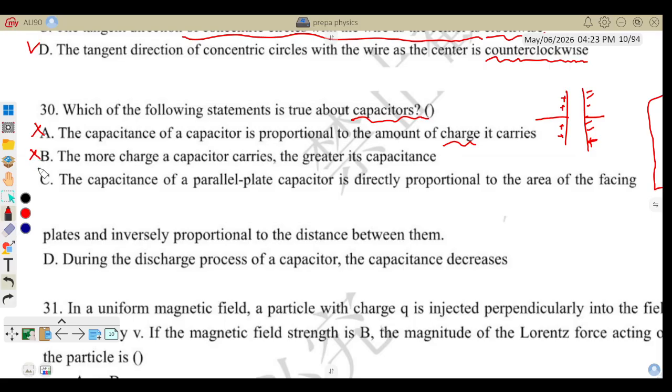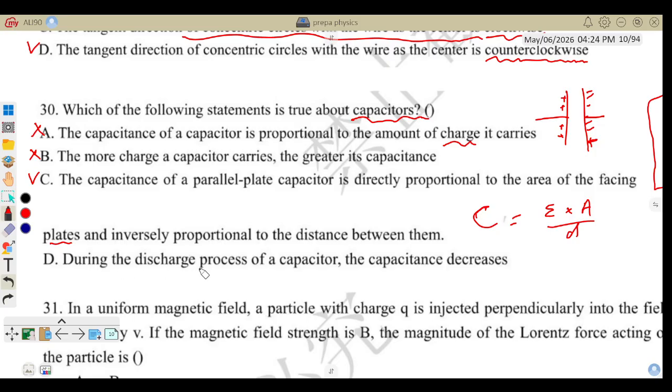Again, it doesn't matter what charges it carries, but the capacitance of a parallel plate capacitor is directly proportional to the area of the facing plates and inversely proportional to the distance between them, exactly as we said. The C is a certain epsilon times the A divided by the D. So the C is our answer here.